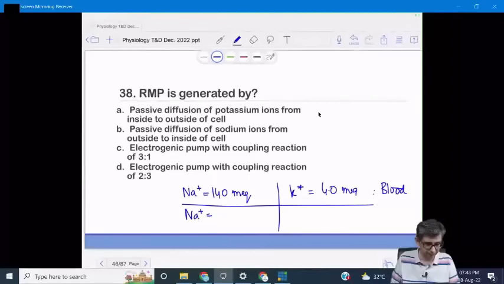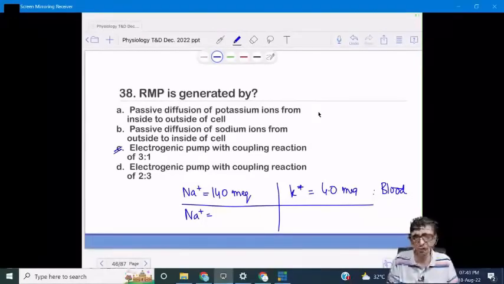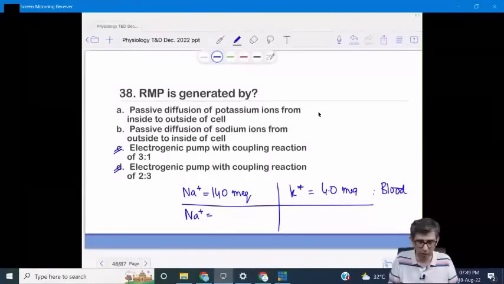Yes, RMP के लिए एक तो होता है सोडियम पोटेशियम पंप. जो सोडियम पोटेशियम पंप होता है उसकी जो इलेक्ट्रोजेनिक रिएक्शन होती है और वो होती है कपलिंग रेशो 3:2. तो इस पर्टिकुलर क्वेश्चन में सी ऑप्शन तो इसलिए गलत है क्योंकि 3:1 लिखा हुआ है, and option D is also ruled out because it is written 2:3. We are left with option number A and B. So let me write down the values here.